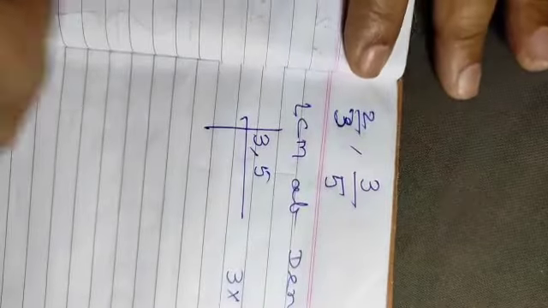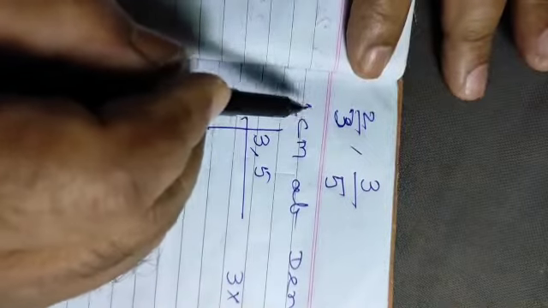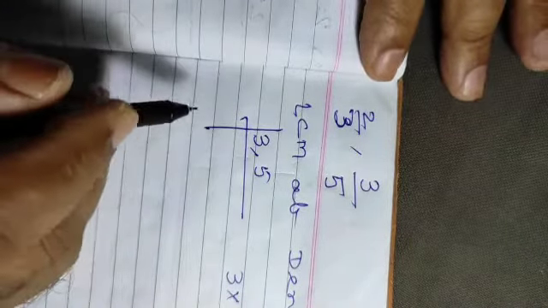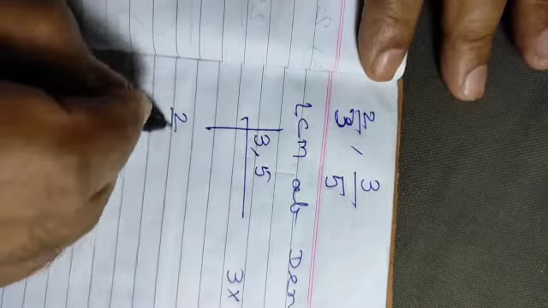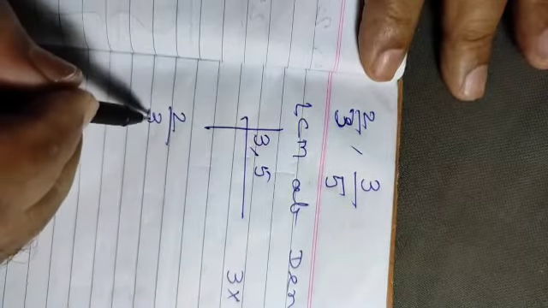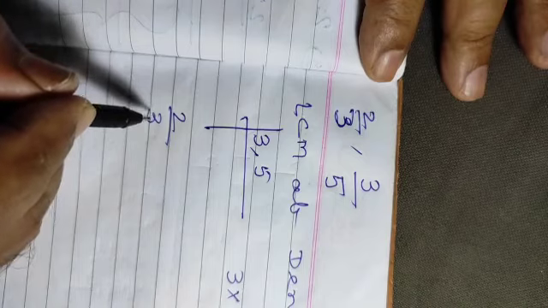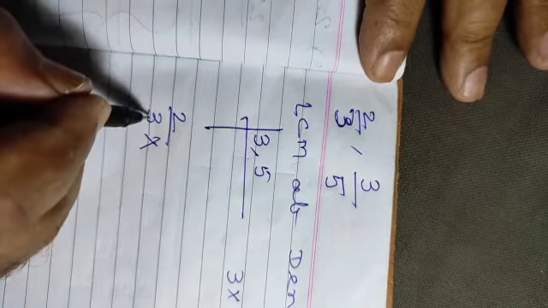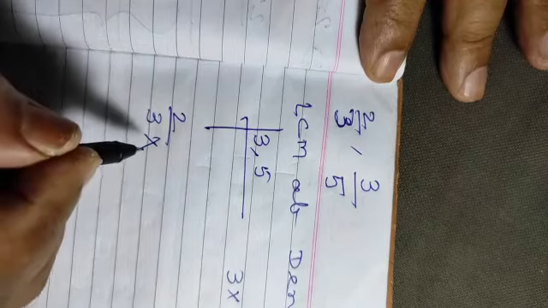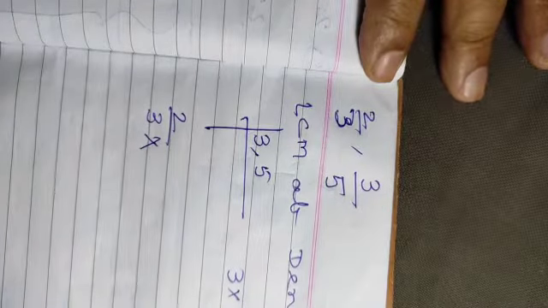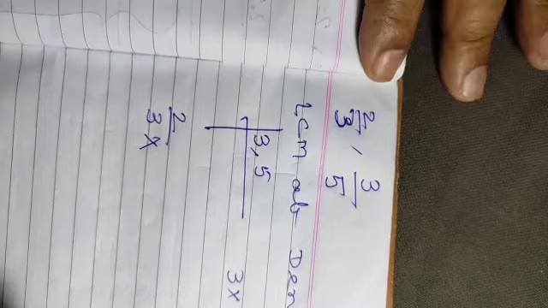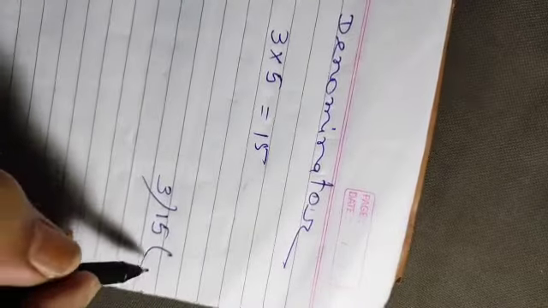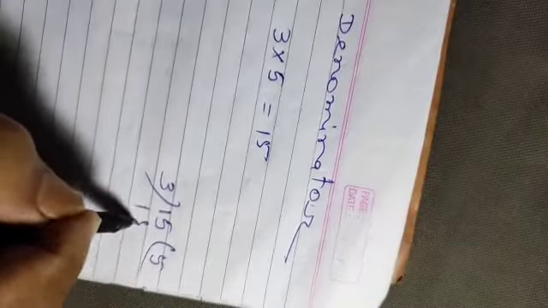Now you can change the denominator into 15. How to change the denominator into 15? 2 by 3. The denominator is 3. We have to change it into 15. So what should we multiply 3 by so that it becomes 15? Means 15 divided by 3. If we divide 15 by 3, we get 3 fives are 15.